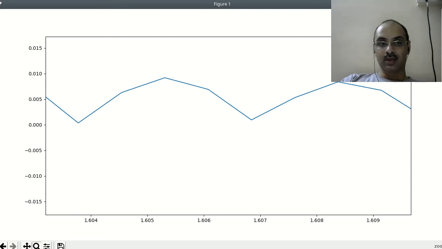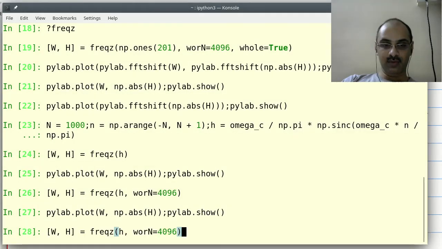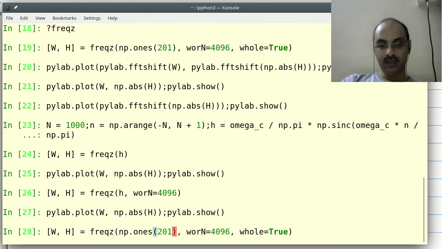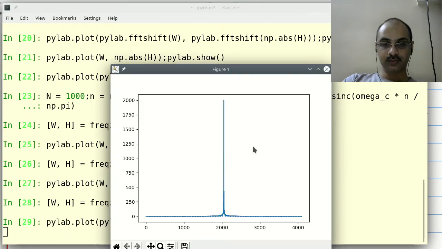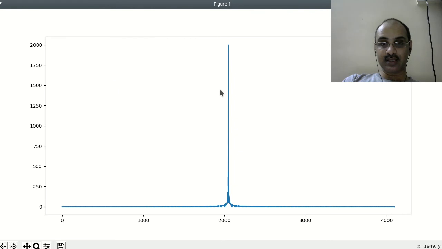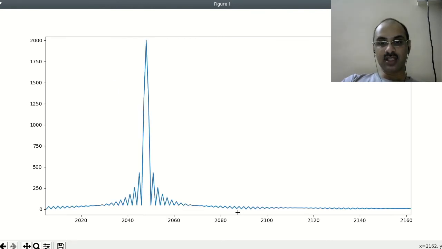Let us now look at the property of the window. Now the window will be 2001 in length. See, it's closer to an impulse, but still, if you look over here, this thing is convolving with your rectangle to make it perform not that way.